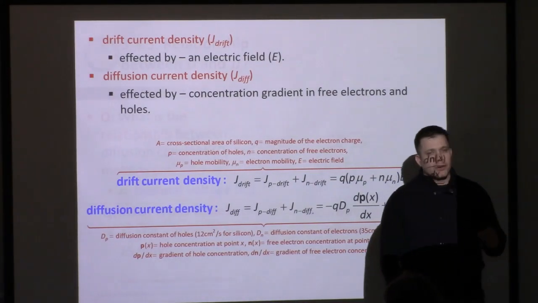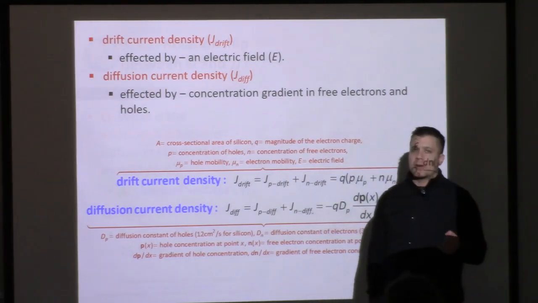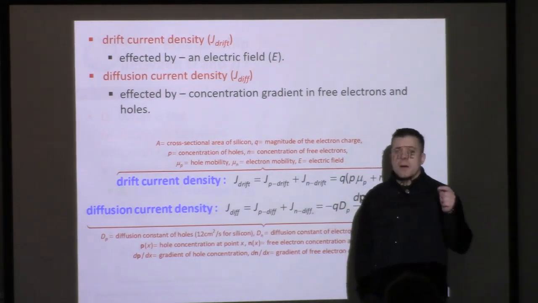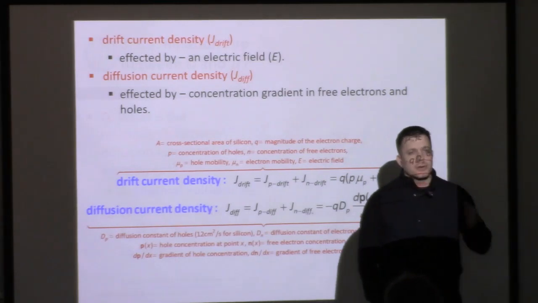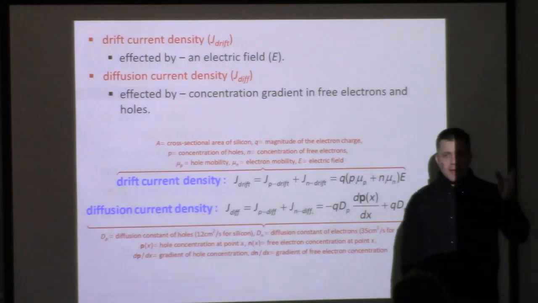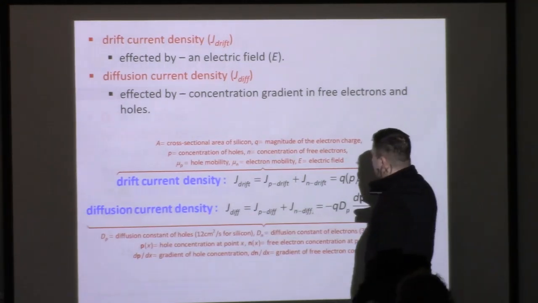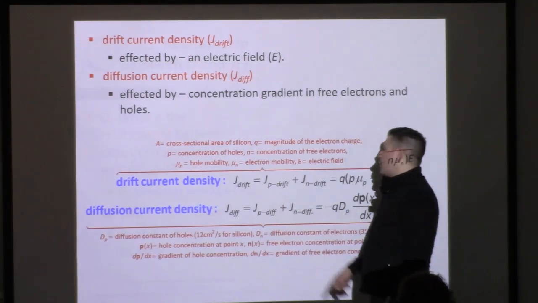Both of those currents, which can also be described as current densities, again, you just multiply by cross-sectional area, can be broken down into a component that's associated with the movement of electrons and the movement of holes, the movement of negative charge carriers, the movement of positive charge carriers. So you see we have two equations and both have two components.